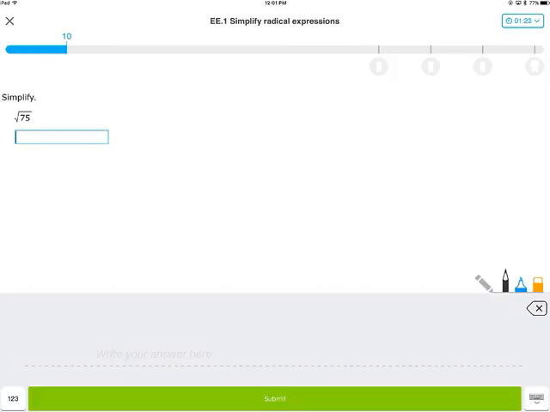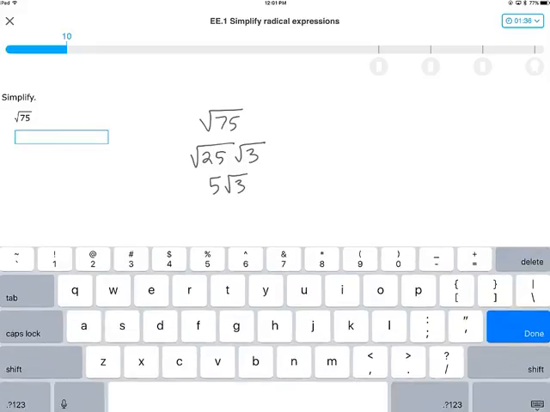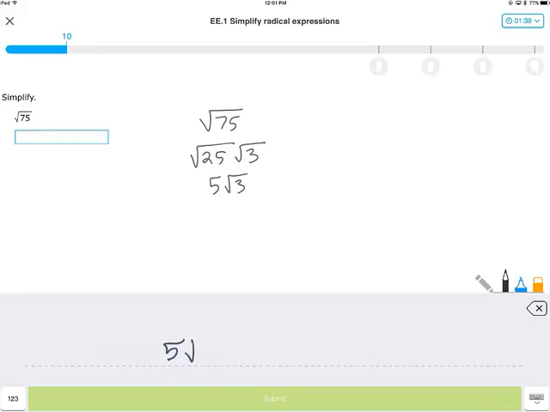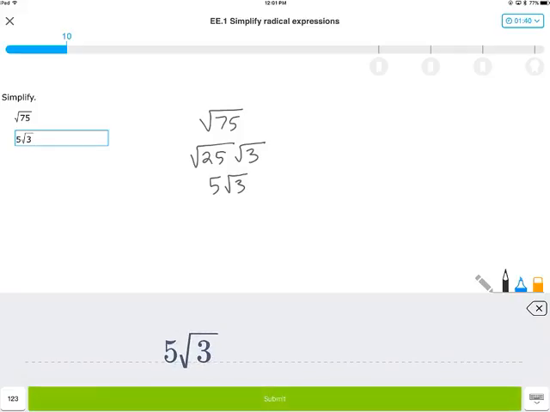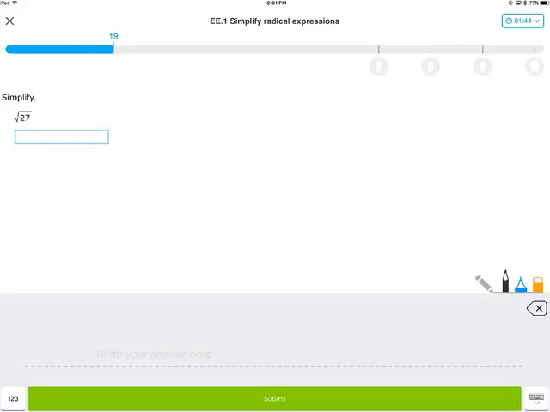Okay. All right, square root of 75. We actually did this one earlier. So square root of 75 can be split into square root of 25 times square root of 3. So that's 5 root 3. Let's go ahead and submit that. Okay, square root of 27. So off the top of my head, let me think.